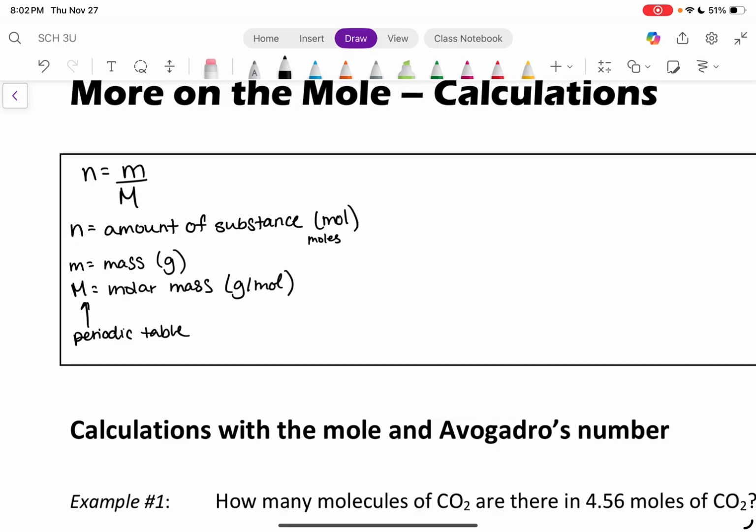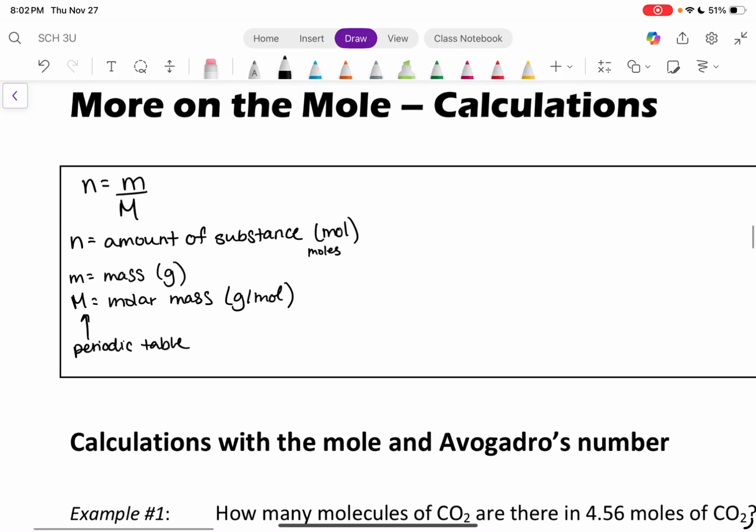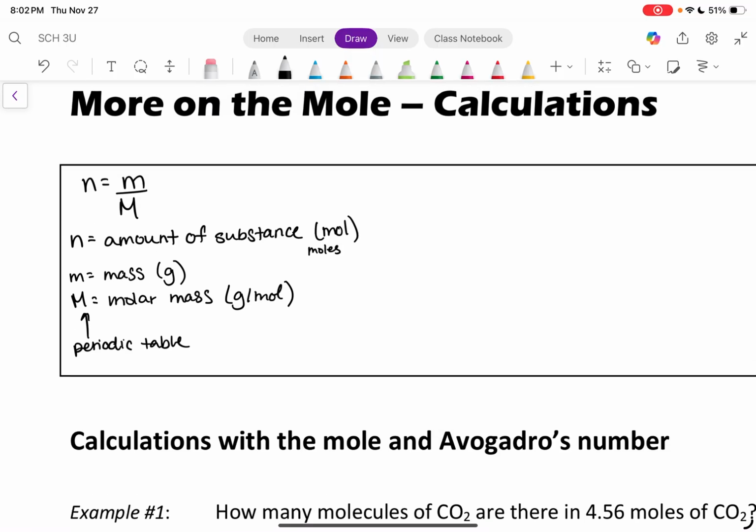Therefore, its molar mass would also be 1.01. But if I had hydrogen mixed with oxygen, giving me hydroxide, my molar mass would be the atomic mass of the hydrogen plus the atomic mass of the oxygen, giving me an overall molar mass of 17.01 grams per mole. So it's on your periodic table, and it is the same as your atomic mass. You find this at the bottom of the element square.